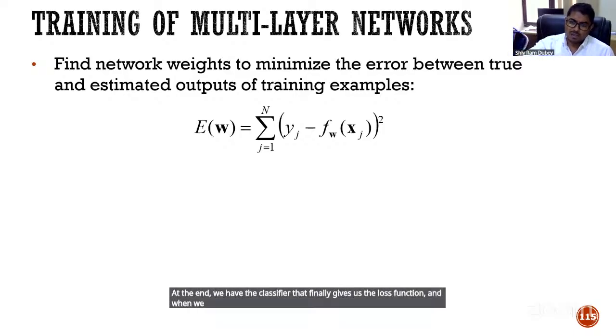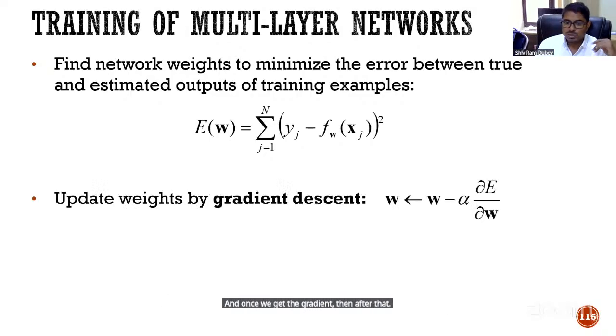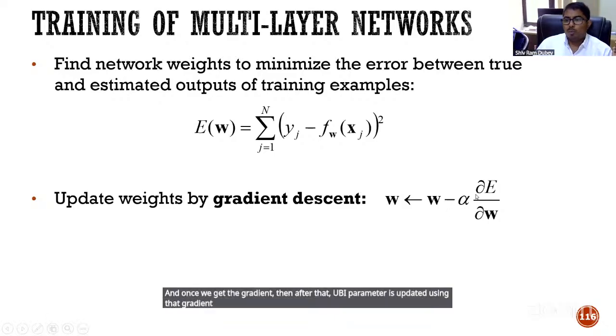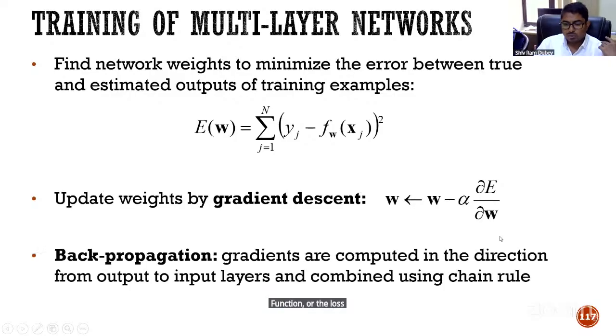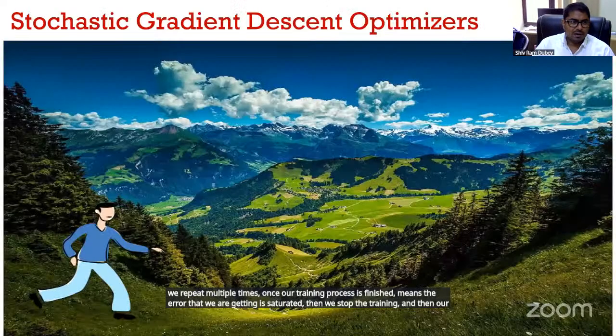Then during backpropagation, we compute the gradient of our error function with respect to every parameter in every layer. Once we get the gradient, every parameter is updated as W equals W minus the learning rate multiplied by the gradient of the loss function with respect to that parameter. We repeat this process multiple times. Once the error saturates, we stop the training and our model is finally trained.